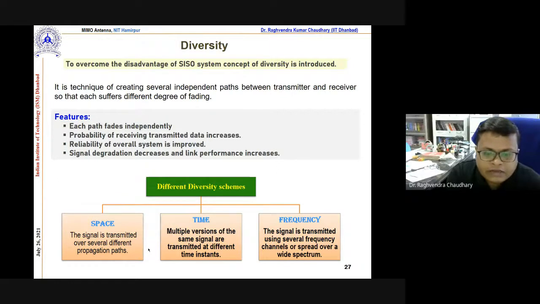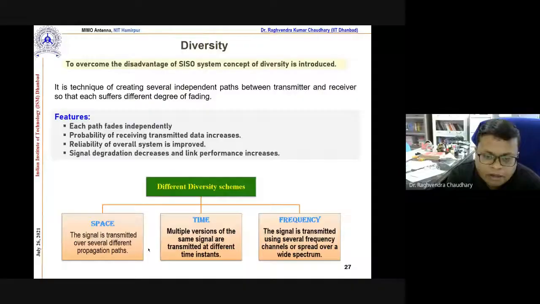Then the time, the different times. These are limited resources, like the frequency band allotted by the government, and within that band you have to run your business. And the space. So these are the three things.